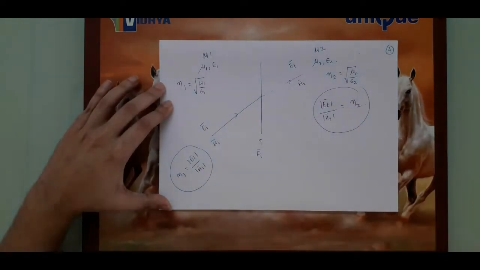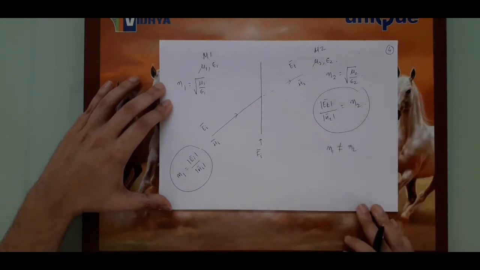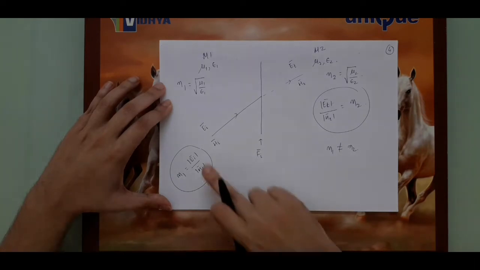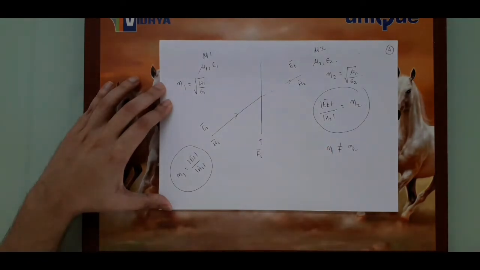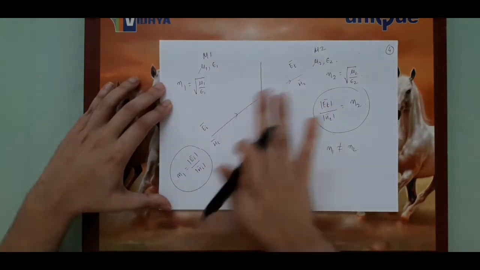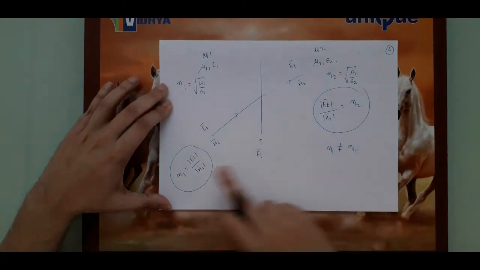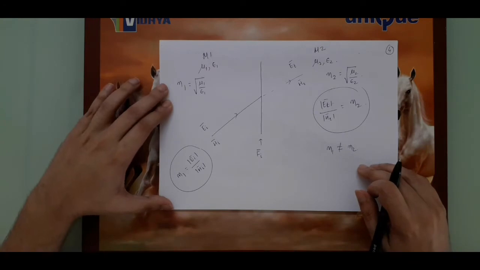But eta 1 and eta 2 are not equal. So therefore, this puts us in a problem. We want the boundary condition to be satisfied for the wave to transmit from medium 1 to medium 2. But since the etas are not equal, the fields by themselves need not be equal.